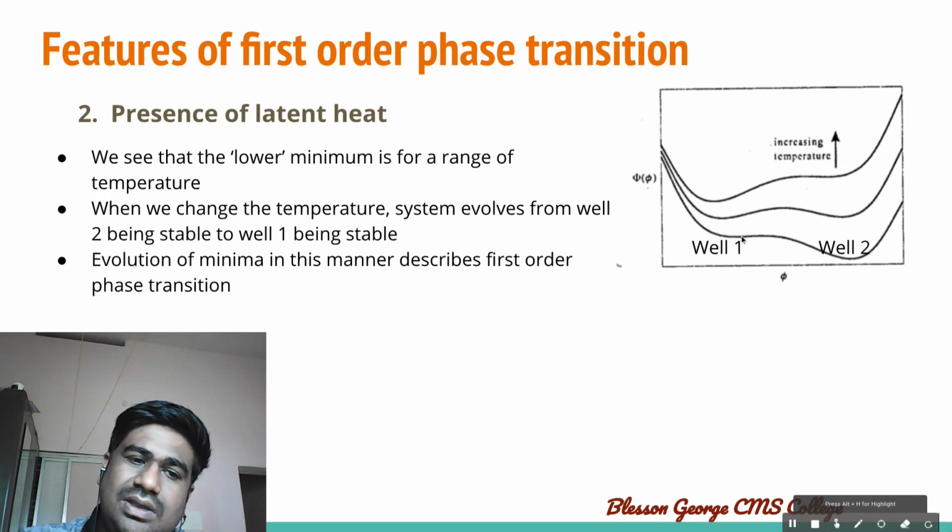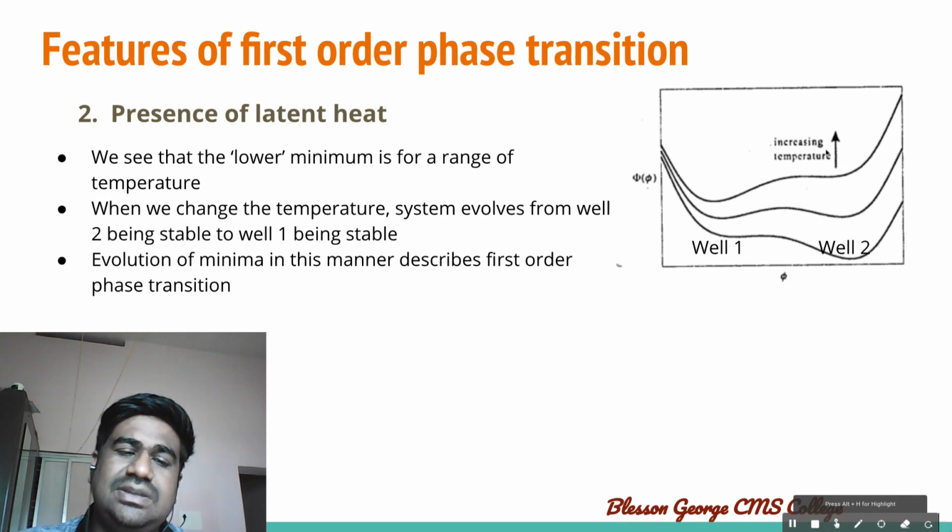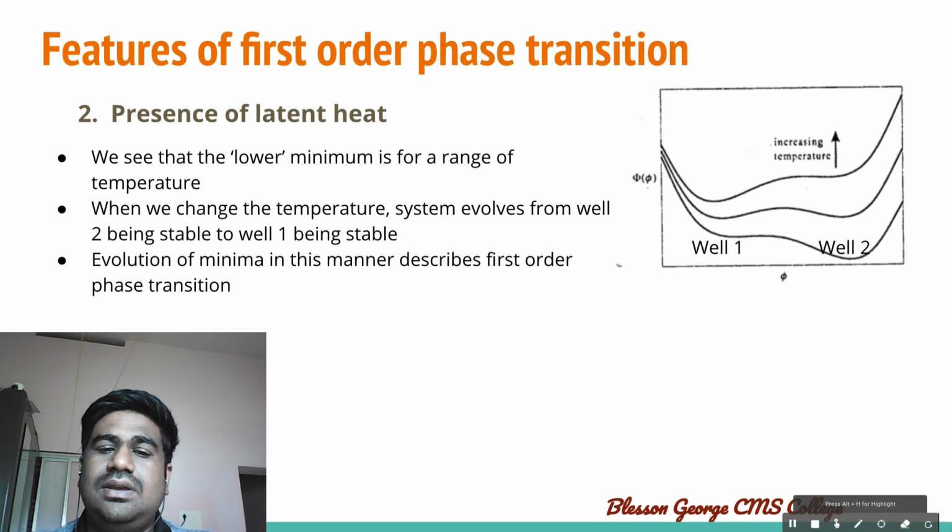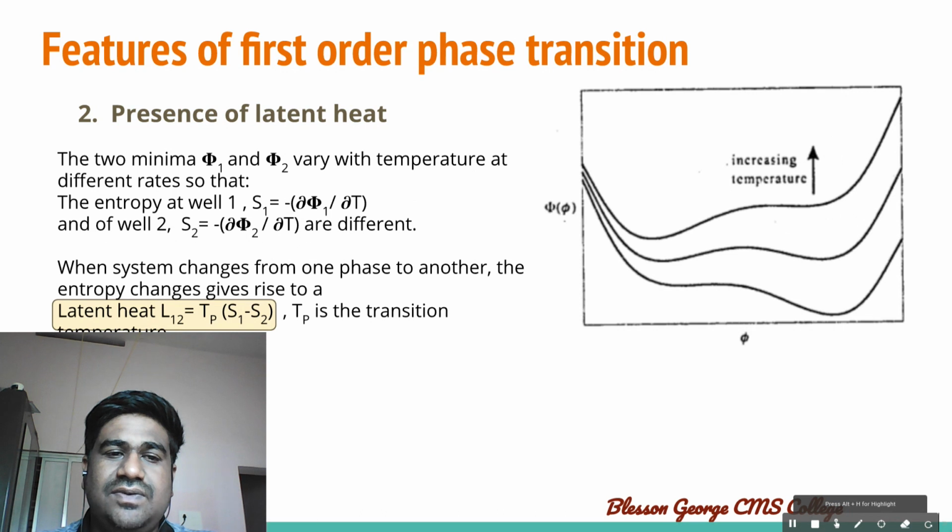If a system evolves in such a manner, we can say that it describes a first order phase transition. If the minimum states change like this, then it describes a first order phase transition. The two minima, phi 1 and phi 2, vary with temperature at different rates.